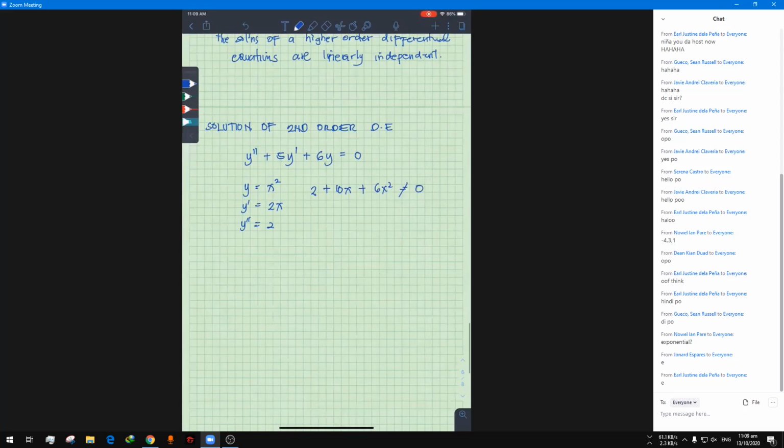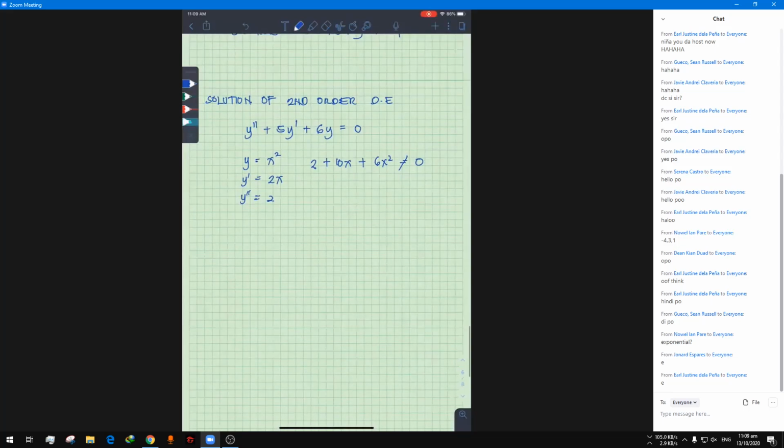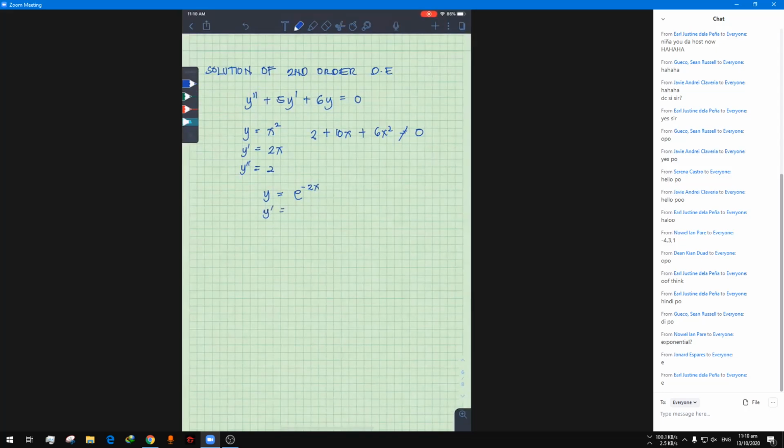Kaya like for example, manghula ako na ang isang solution ko would be, let's say, e raised to -2x. Sabihin ko, that is a solution of the differential equation. So derive natin yan. y prime is -2 e raised to -2x.